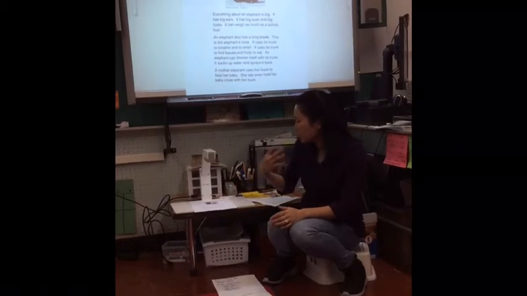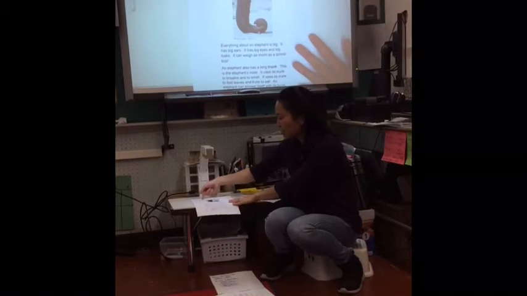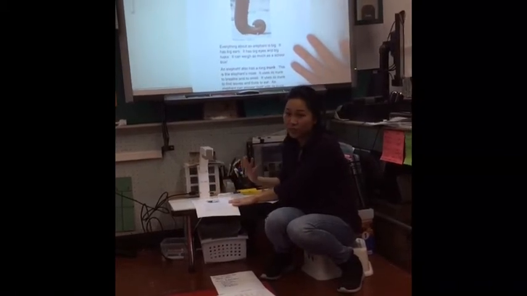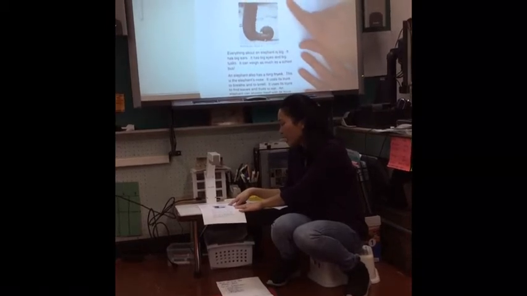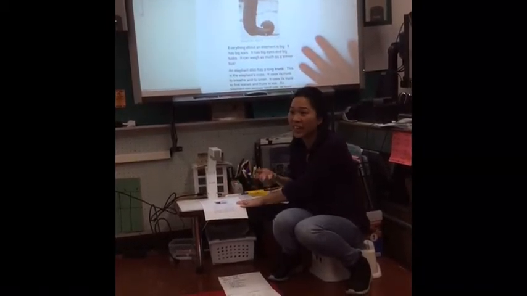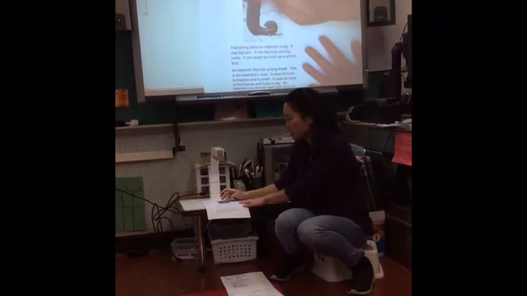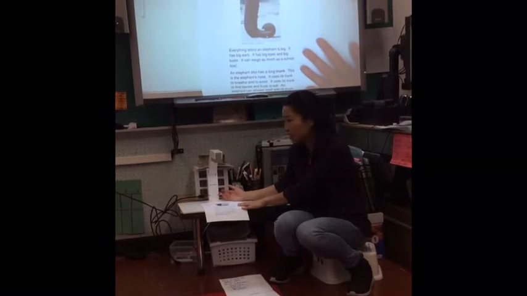And I would try to help them understand that, oh, right here, An Elephant's Excellent Trunk. This is the heading, the title. That's a big clue that it's about the trunk. And also the picture. In the photograph, there's a picture of an elephant's trunk, which is another big clue that tells you that that might be the main idea.